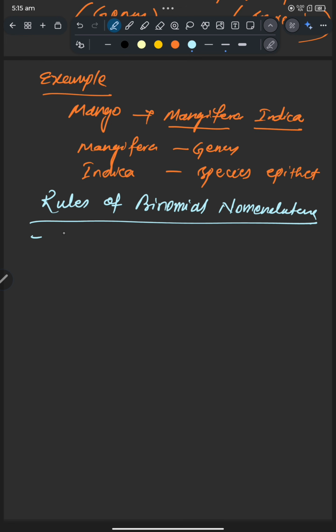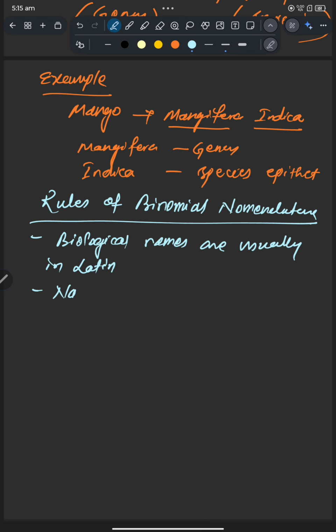The first rule is biological names are usually in Latin. Don't miss any point. Next, names are written in italics when printed.